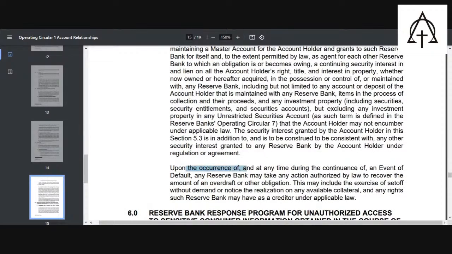Upon the occurrence of and at any time during the continuance of an event of default, any reserve bank may take any action authorized by law to recover the amount of an overdraft or other obligation. This may include the exercise of set-off without demand or notice, the realization on any available collateral.